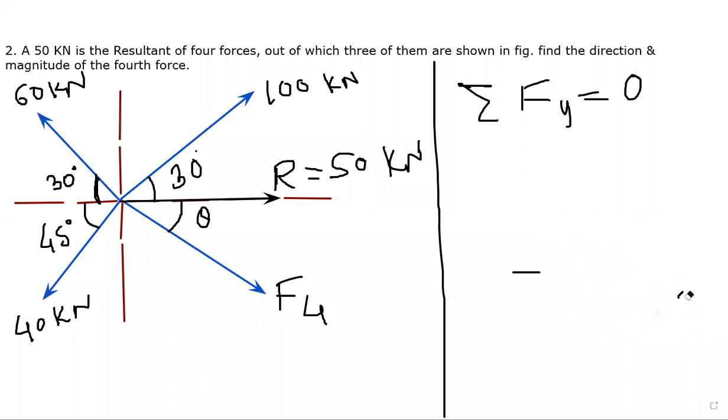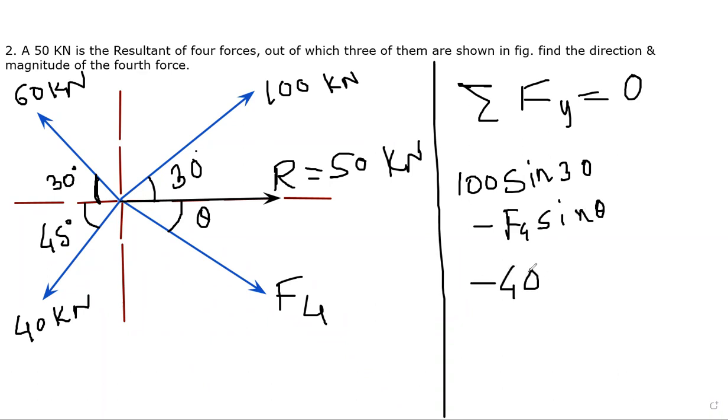In a similar way, write down the equation of summation Fy: 100 sin 30 minus F4 sin theta minus 40 sin 45 plus 60 sin 30 is equal to 0.